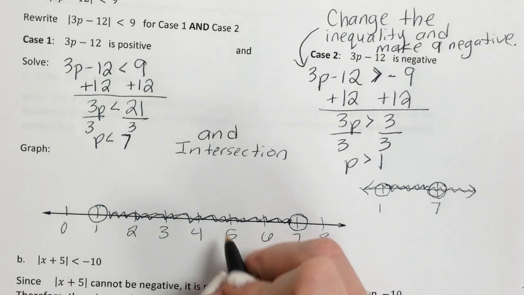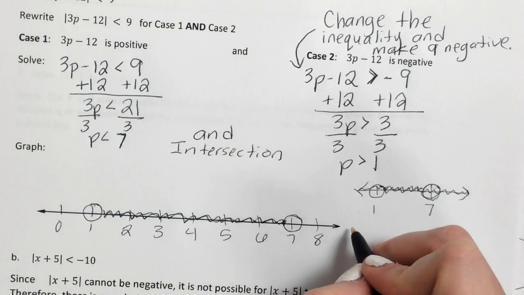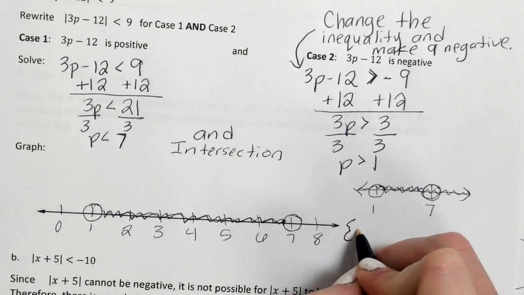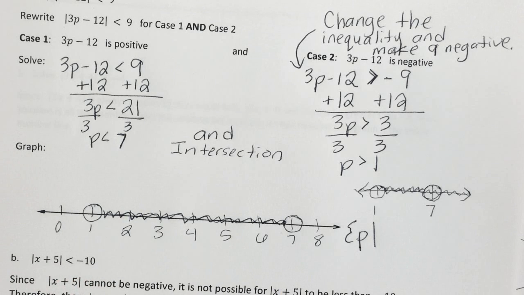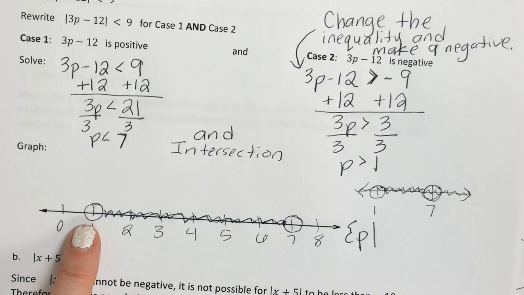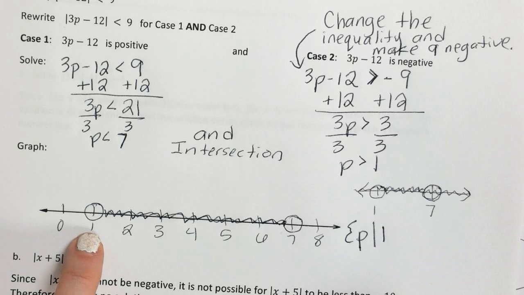One thing I do want us to get more comfortable with is writing these answers in set builder notation. So if you don't know how to do that, pay close attention to how I'm doing this. Hey, remember, you're always going to use less than or equal to when doing this. So start on the left side. My first number is going to be 1. Do I say less than or equal?